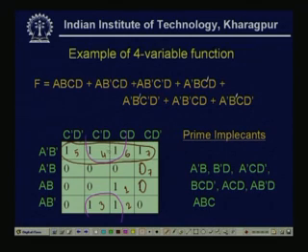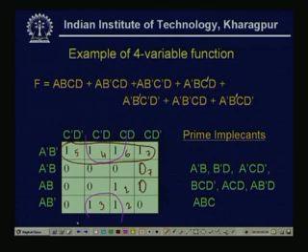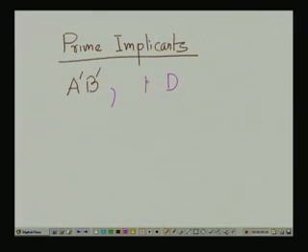For the two adjacent columns, C bar D and C D, D is common. So, I put D. Now, they are in the first row and the fourth row. So, in between first row and fourth row, B bar is common and A bar will cancel. So, another prime implicant will be B bar D.